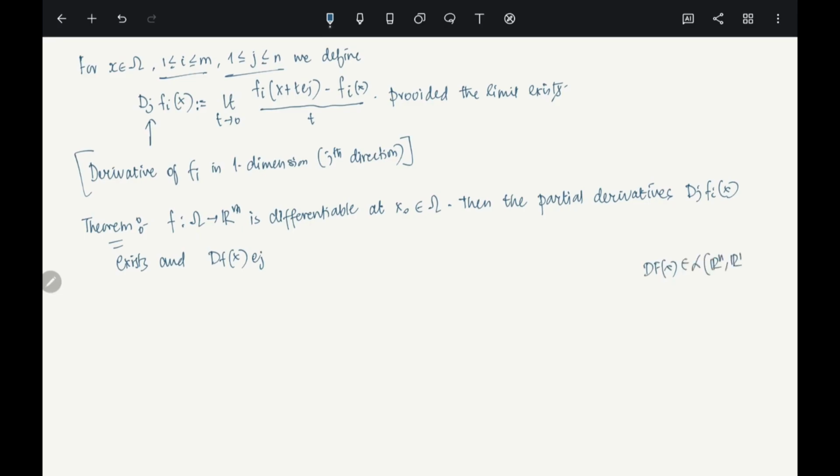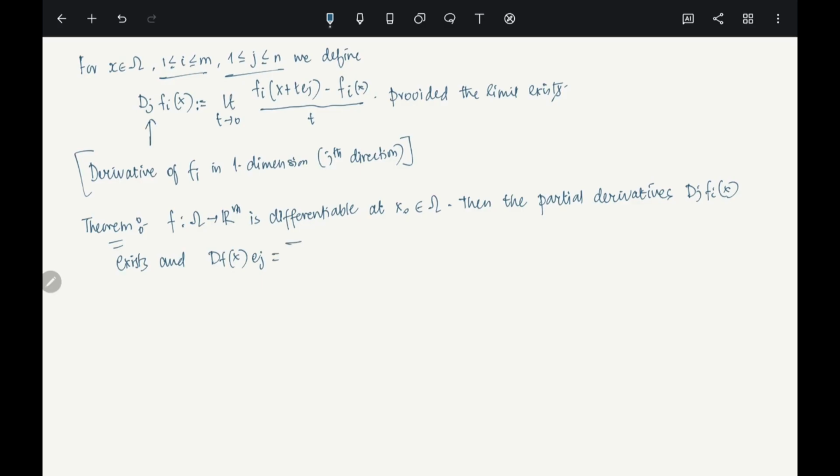So this is a linear map from Rn to Rm. And we already discussed talking about linear maps, that you can determine the linear map based on how it acts on the basis elements. So since the ej's are the basis elements of Rn, we just want to see what happens to dfx at the point ej.